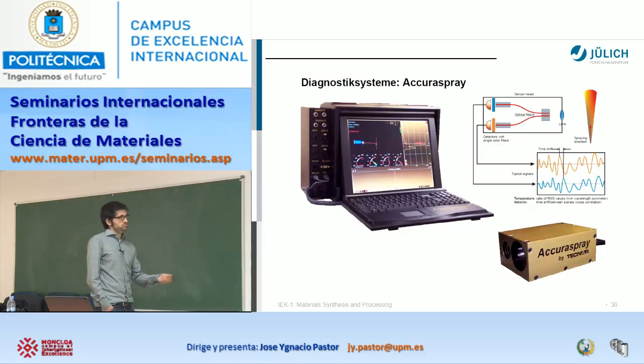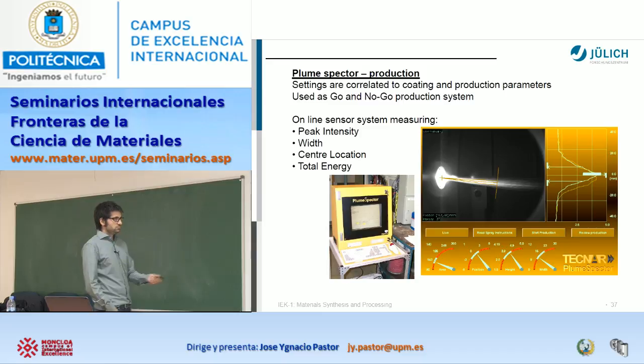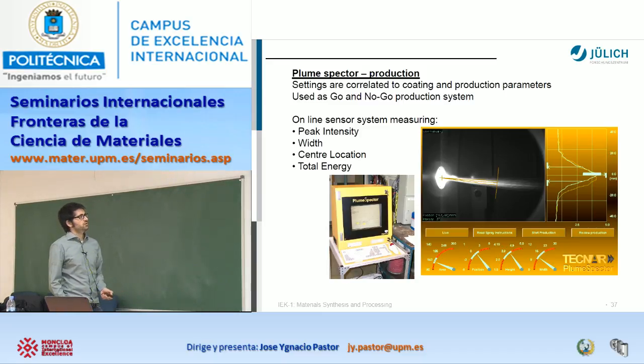And here is how the equipment is done, from the company, and also how we can control different things about the peak intensity, how wide the powder is, or the energy.